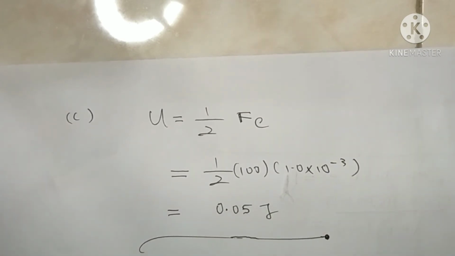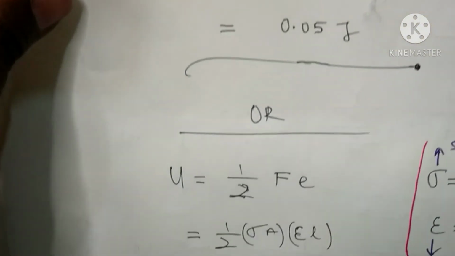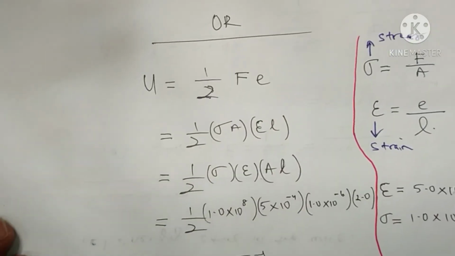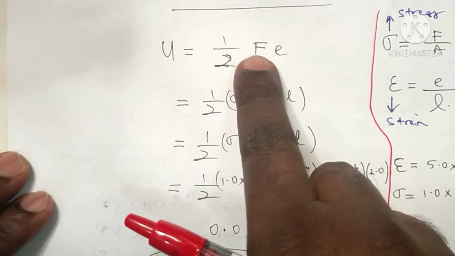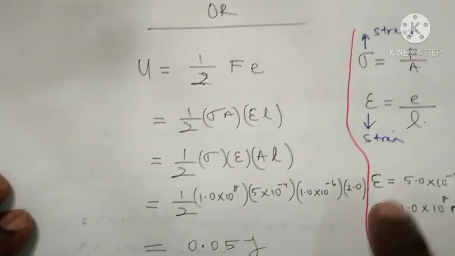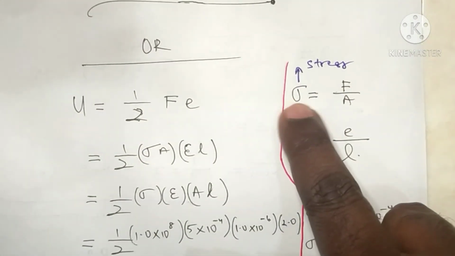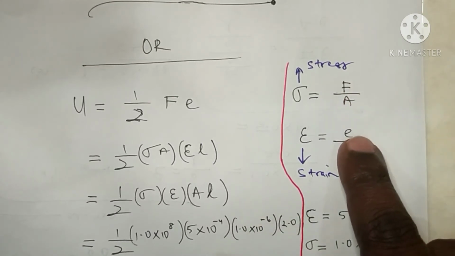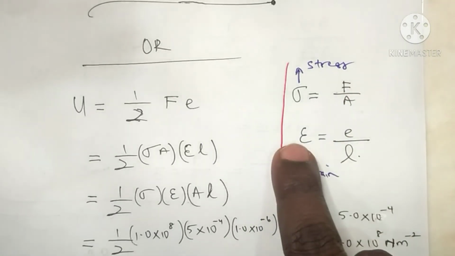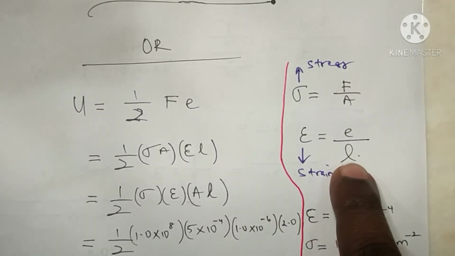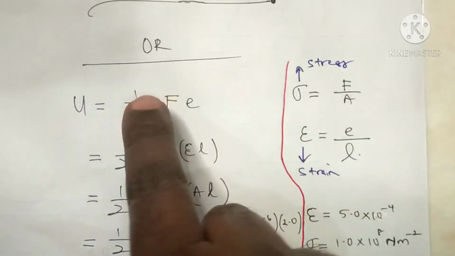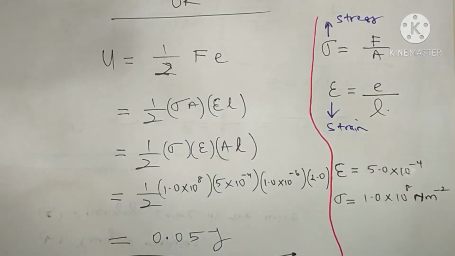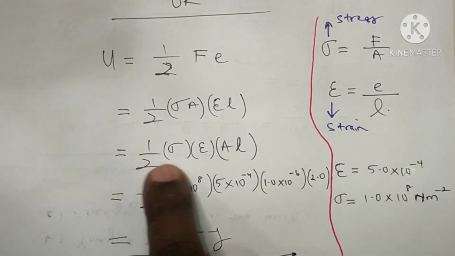Or we have another option. By eliminating force and extension, where force equals stress times area and the extension equals strain times the original length, we can substitute these two equations into this formula and the formula will be in this form.